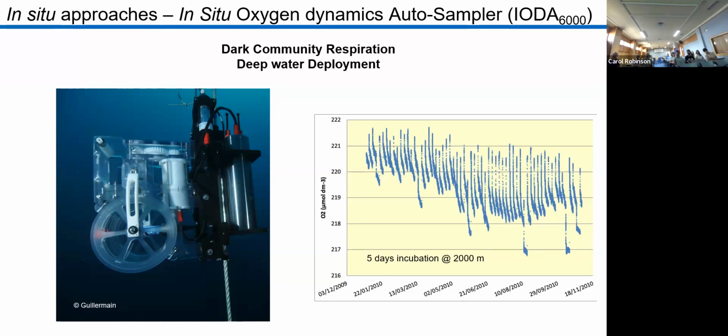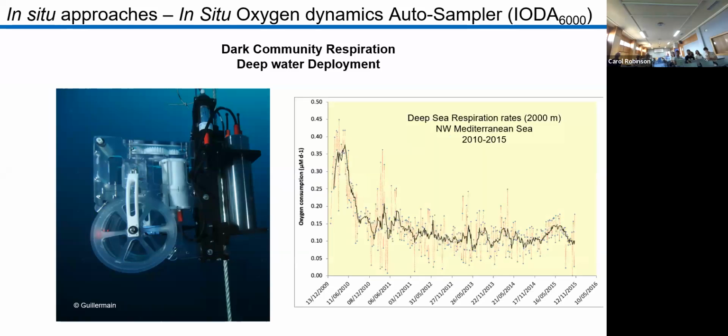We do it for 5 days at 2,000 meters because the rates are low, so you need to integrate. We decided on 5 days because we are looking at the signal-to-noise ratio, and 5 days was the right time to incubate in order to get above the noise with that kind of sensor. The better the sensor is, the less drift you have, and the better your resolution and your incubation can be.